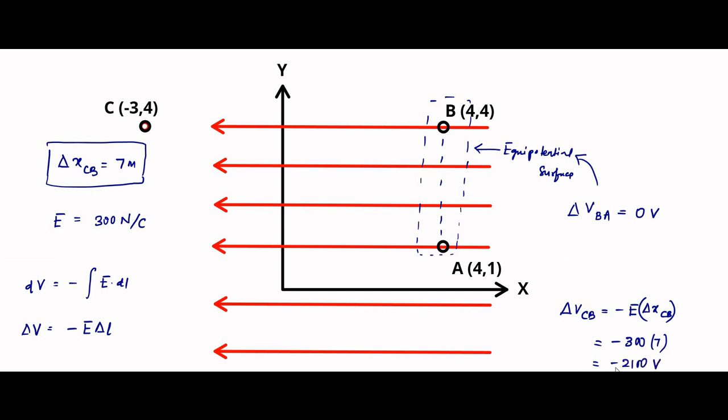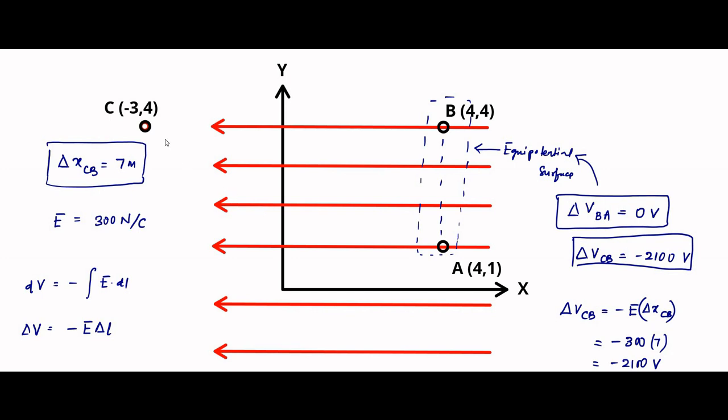Okay, minus 2100 volt. This is the potential difference between points C and B, minus 2100 volt. This is BA and this is CB.